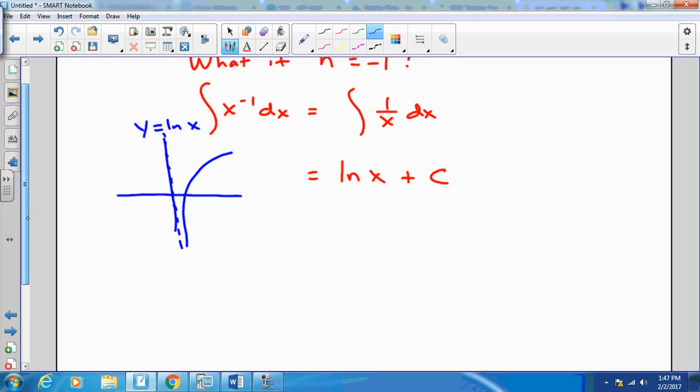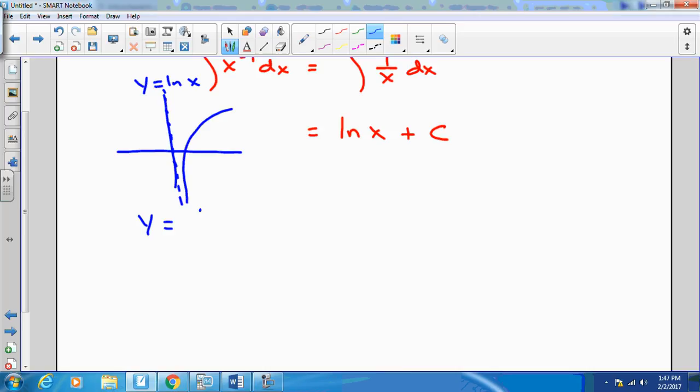But if I look at the graph of its derivative, y equals 1 over x, then the function y equals 1 over x by itself, not considered as the derivative, but just considered as itself, has a domain that is larger than the function y equals ln x. So we wonder, what happens if I try to take the antiderivative of 1 over x for x's that are less than 0?